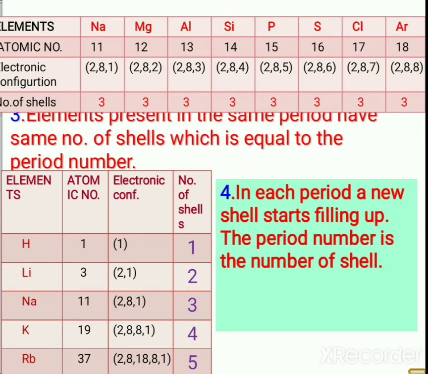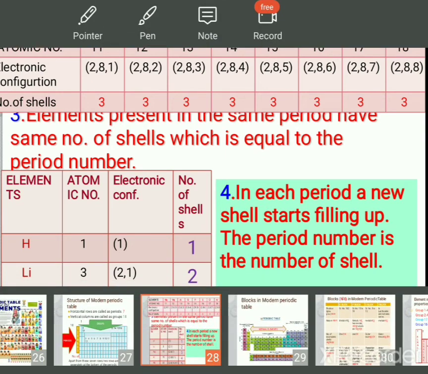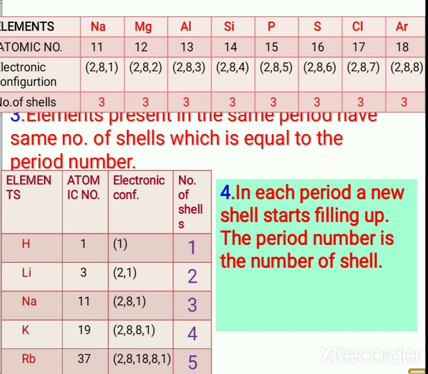First period has 1 shell. Second period has 2 shells. Third period has 3 shells. Fourth period has 4 shells. Fifth period has 5 shells. So accordingly, each period represents the same number of shells.